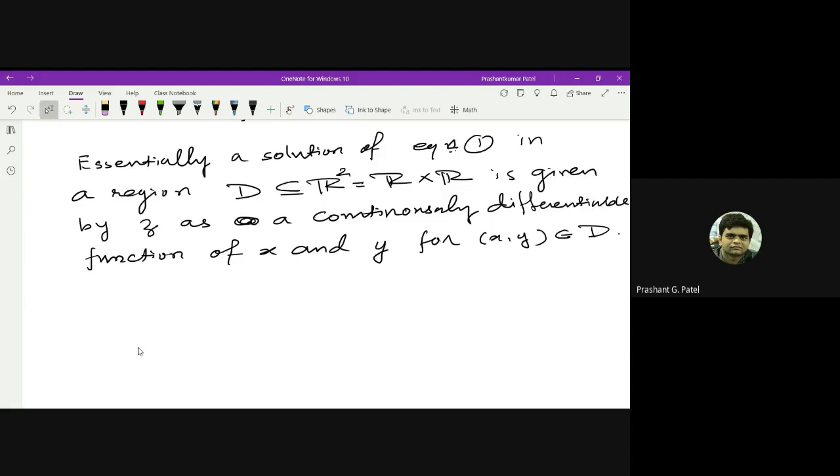D is a region, and z is a continuously differentiable function defined on it.